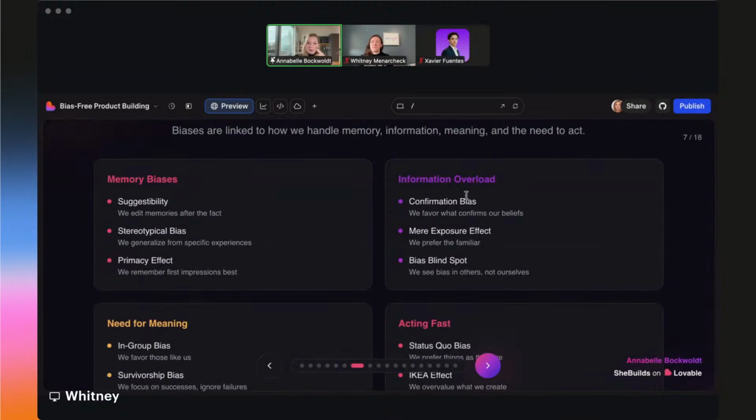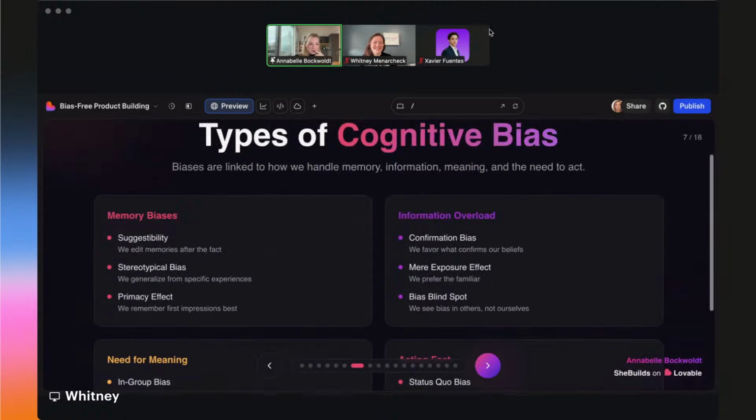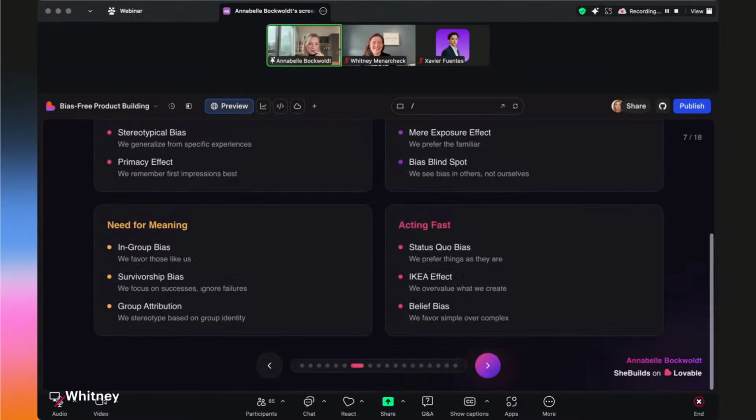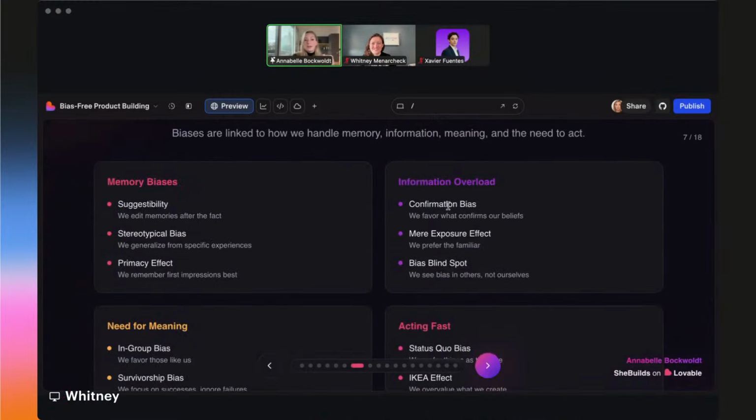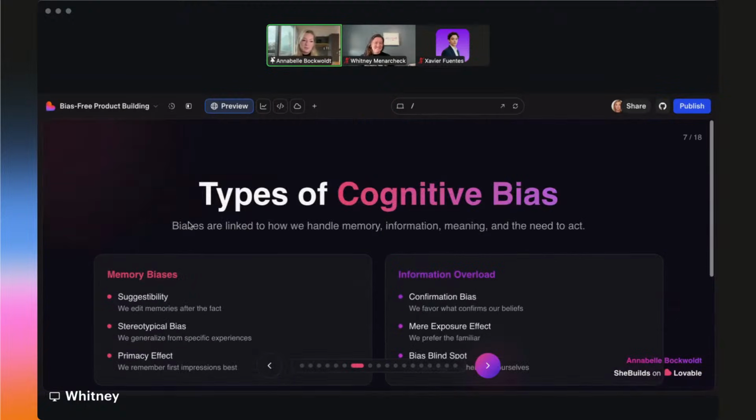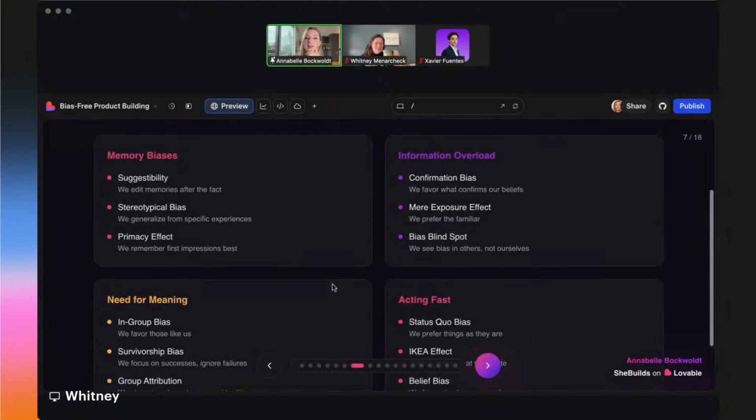I'm a bit confused if I match the boxes and the bullet points rightfully, but I will look it up in hindsight. So not sure if information overload is really an example for confirmation bias. But anyway, I will look it up. I'm not fully sure right now, but I will look it up.